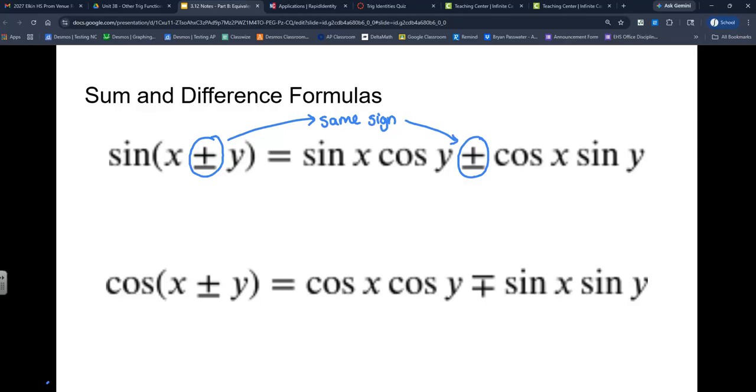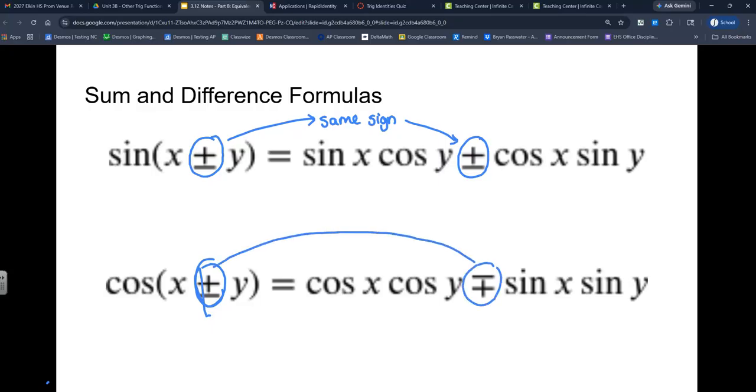Don't forget to change the sign. I can't do my arms right. I need to get this together, or get a video of somebody doing it. But cosine, cosine, sine, sine. Don't forget to change the sign.